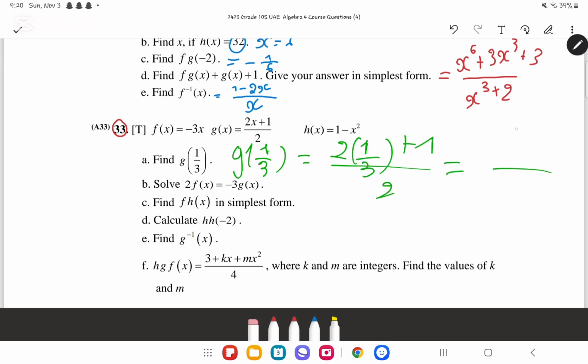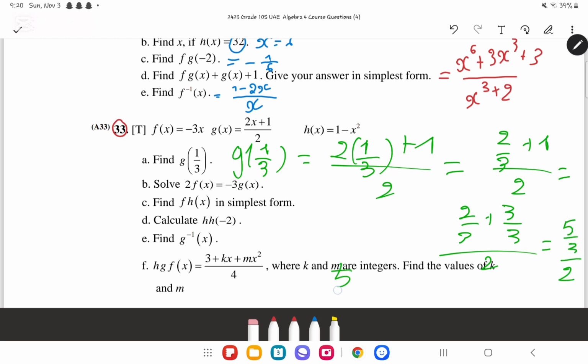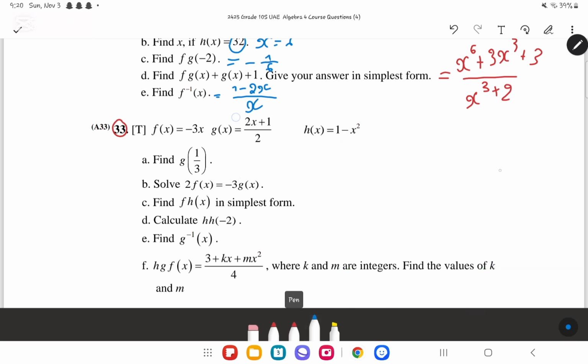Then it becomes 2 over 3 plus 1 over 2, which is then 2 over 3 plus 3 over 3 over 2, which is 5 over 3 over 2, which is the same as 5 over 3 times 1 over 2, which gives us 5 over 6. So very simply, part A gives us 5 over 6.